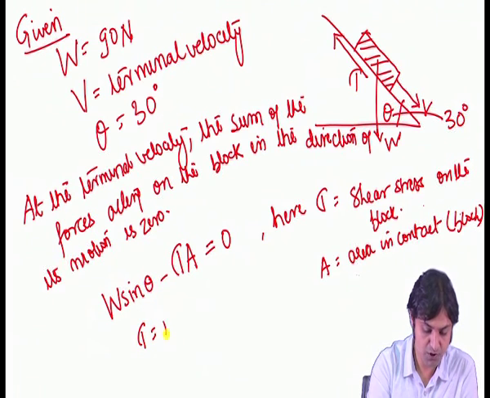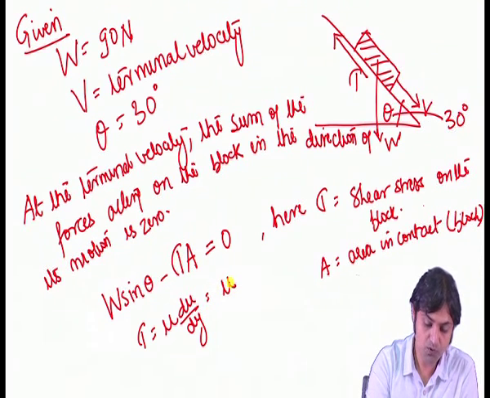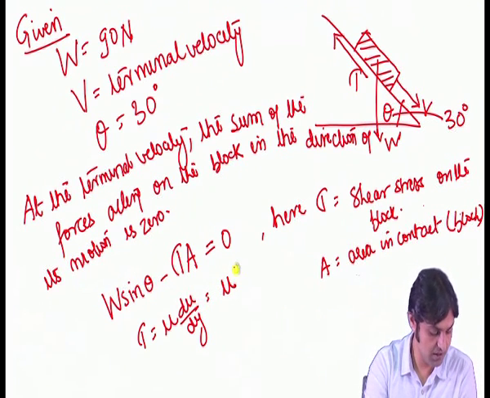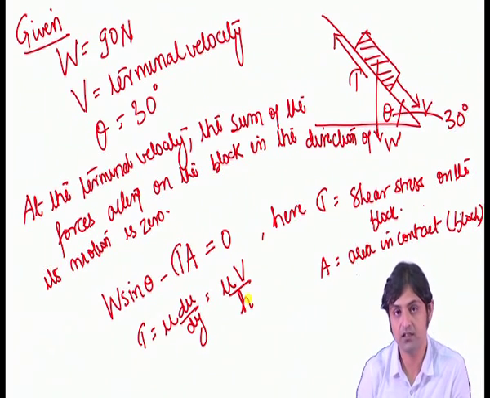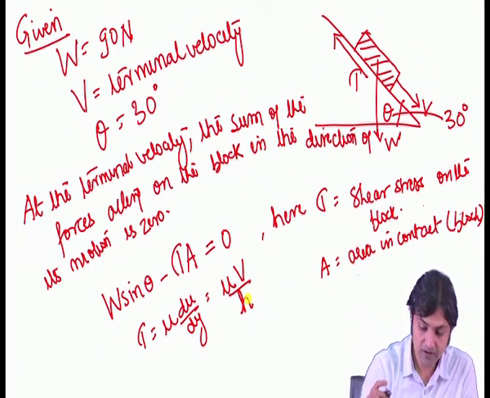Tau is mu du by dy, or mu v by h if the terminal velocity is v, and y is the thickness h, because that is the film that is in contact.